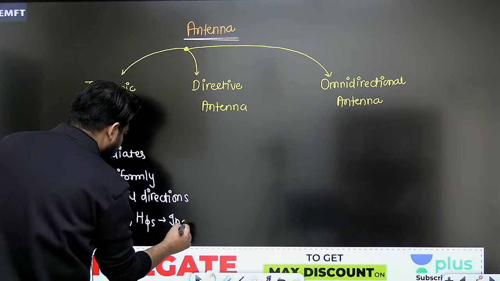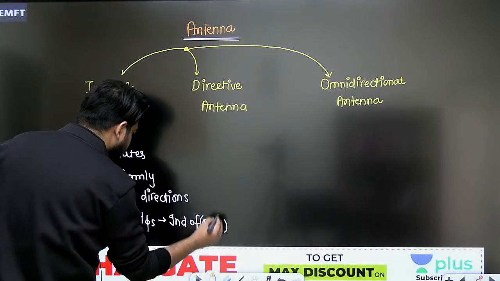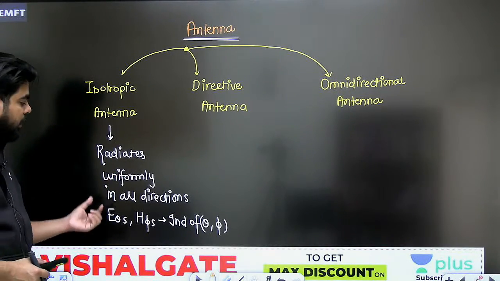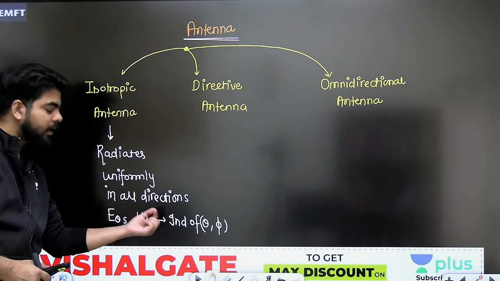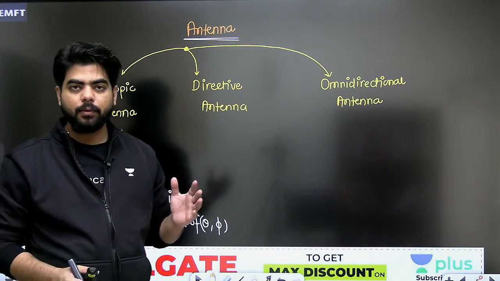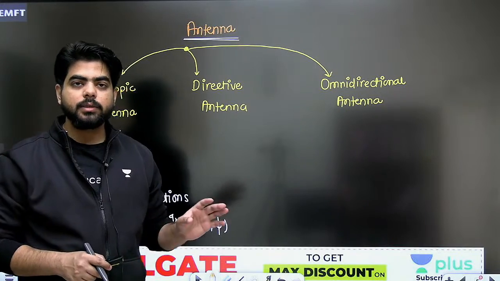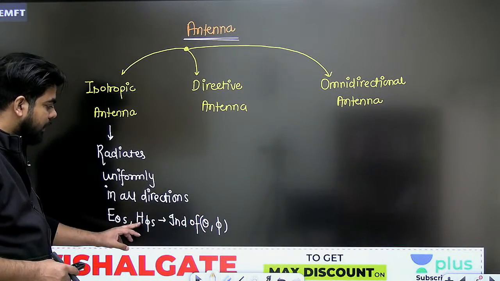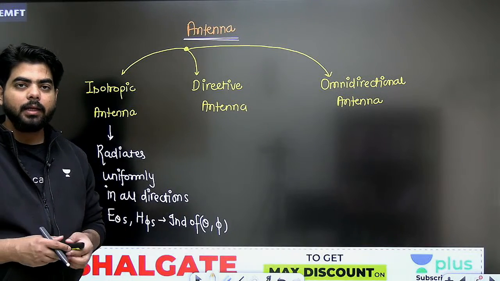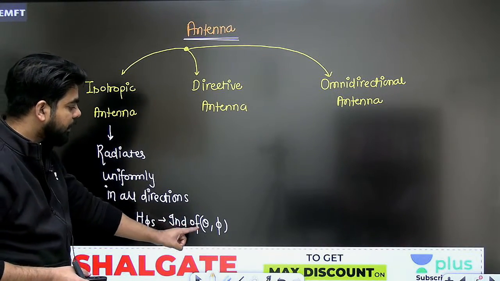So if they are radiating uniformly in all directions, their electric field and magnetic field have to be independent of theta and phi, and they should not be a function of the orientation, because if they want to radiate in the same way in every direction, then the electric field and magnetic field should be independent of theta and phi direction. Ultimately, this radiation field will not depend on theta and phi.